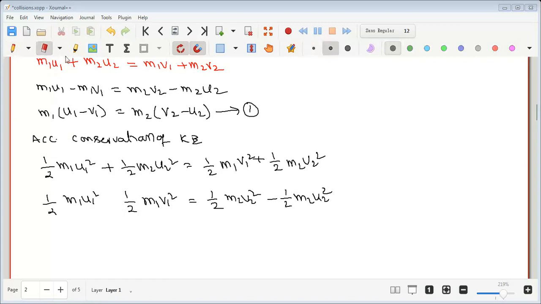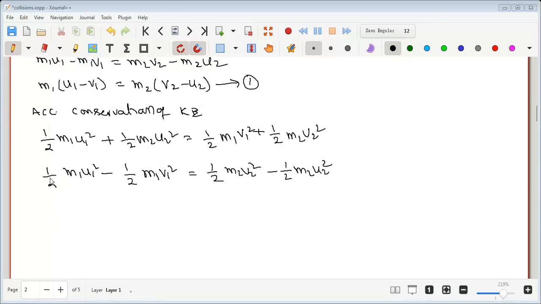Now take the common factor of half m1 on the left side and half m2 on the right side: half m1 (u1 square minus v1 square) is equal to half m2 (v2 square minus u2 square).